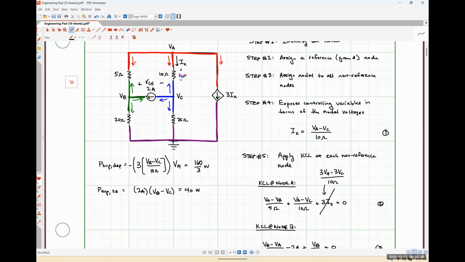That would be true if we wanted the voltage drop across the 5 ohm resistor. That would just be VA minus VB, if we wanted positive polarity on top. If we wanted positive polarity on bottom, it would be VB minus VA, right? And then any current we want through a resistor is just going to be the voltage drop across the resistor in terms of the nodal voltages divided by the resistor value itself.